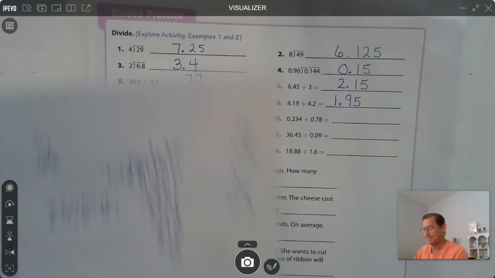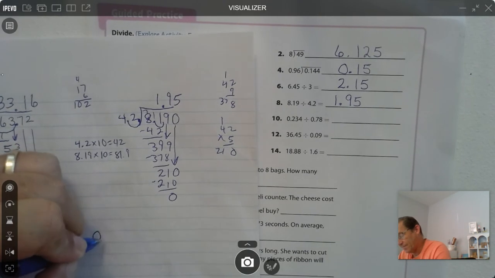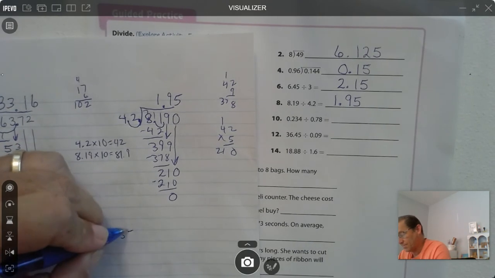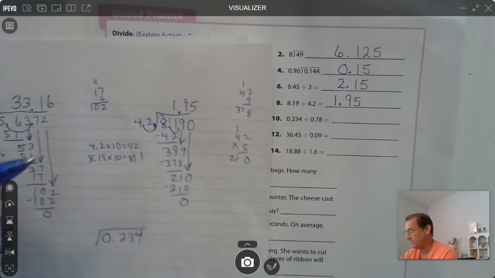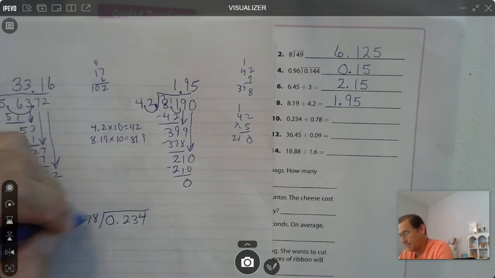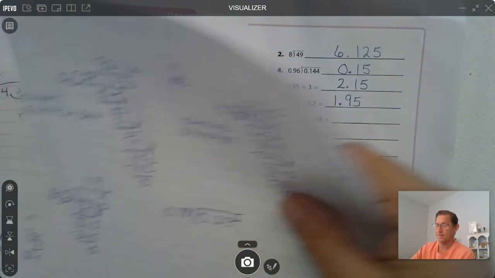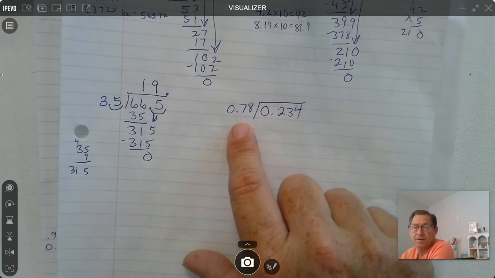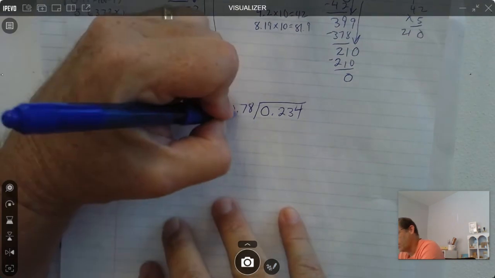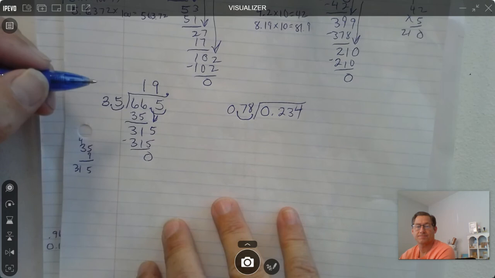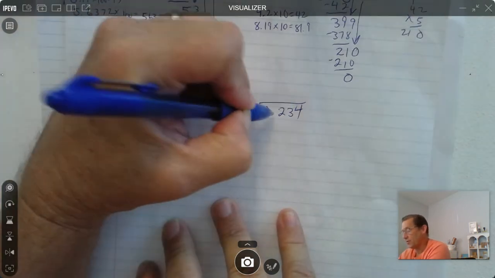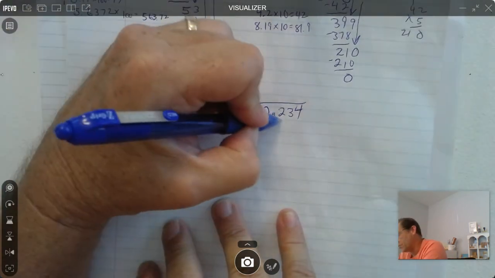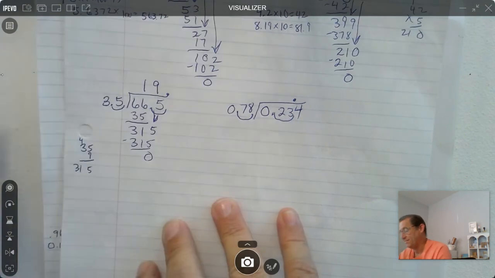All right, and number 10, we have 234 thousandths divided by 78 hundredths. Okay, so since there's 2 decimal places in the divisor, I want to make this into a whole number. So 78 hundredths times 100 would be 78. 234 thousandths times 100 would be 23 and 4 tenths.